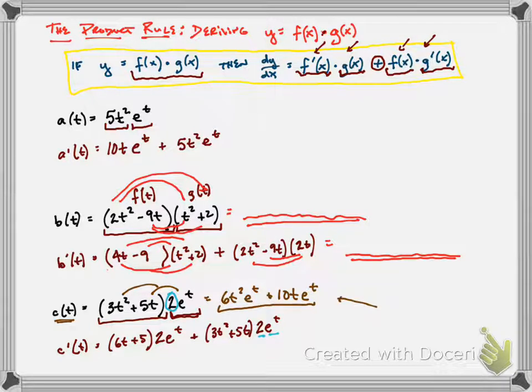I've expanded by distributing 2e to the t. If I were to derive that, then I would get 12t e to the t plus 6t squared e to the t plus 10e to the t plus 10t e to the t.